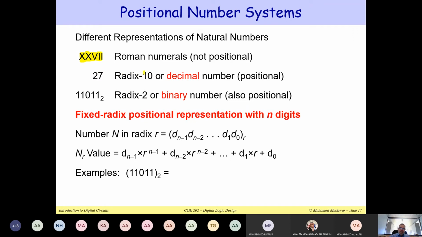Now, the meaning of Radix 10 is that we have 10 digits from 0 to 9. But you can write a number consisting of multiple digits, and each digit has a position inside the number. This is why we call it a positional number system. So the decimal number system is a positional number system because each digit in the number has a position and a weight.